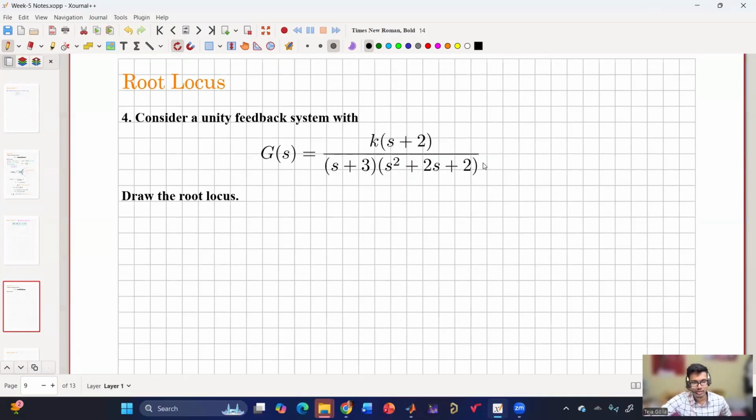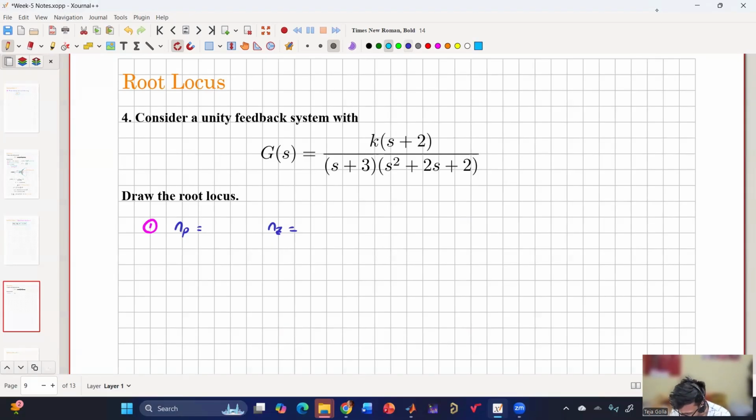So we'll start from the first rule. Number of poles, how many poles are there? There are 3 poles, sir. Very good.